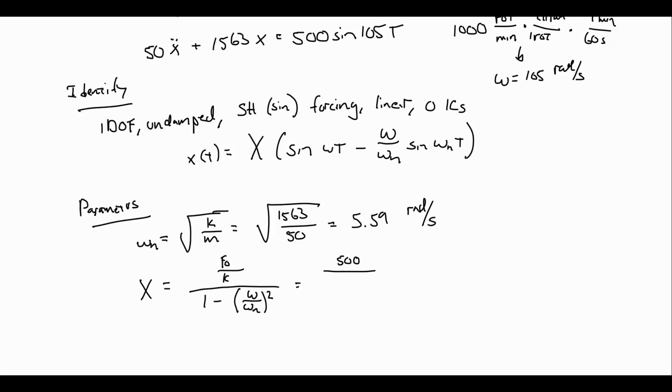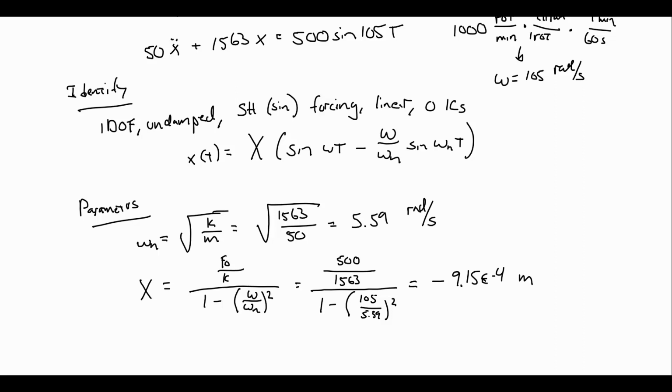Our k is 1563, and that's going to be 1 minus, our driving frequency is 105 over our natural frequency we just found, 5.59, squared. And when we do the arithmetic, we are going to get an X value of negative 9.15 times 10 to the negative 4 meters.